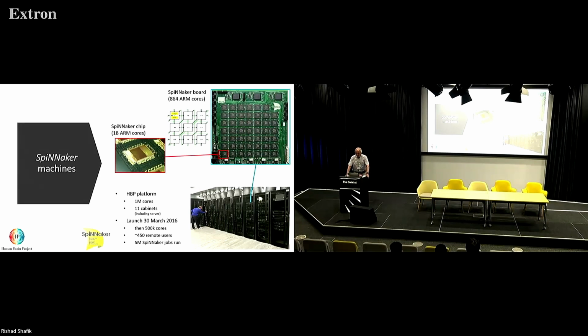And the 1 million core machine at Manchester has been running an open service under the auspices of the EU Human Brain Project at half scale since the end of March 2016, and at full scale since November 2018, with lots of external users. But that's background.